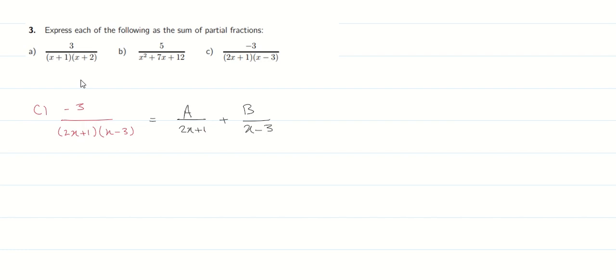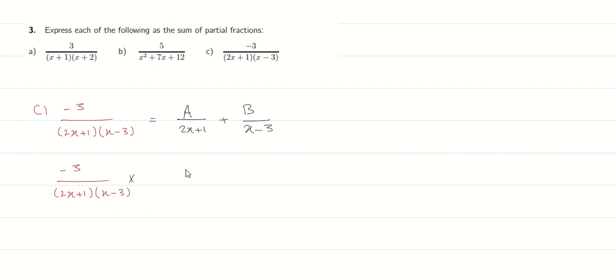In order to get the a and b value, we have to get rid of the denominators in here first. So we're just going to multiply both sides of the equation by the common denominator. And the common denominator here is 2x plus 1 times x minus 3. So we're just going to multiply both sides by this value in here. So the left-hand side, we had minus 3 over this expression.